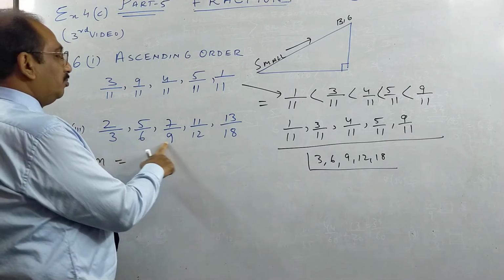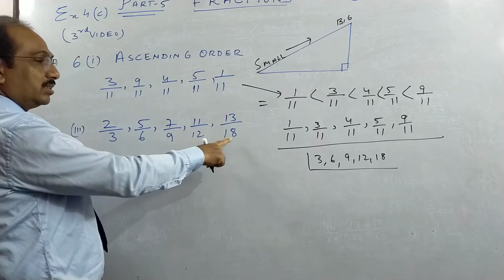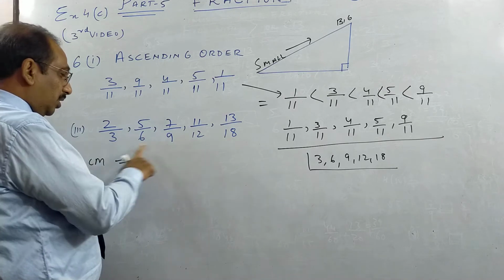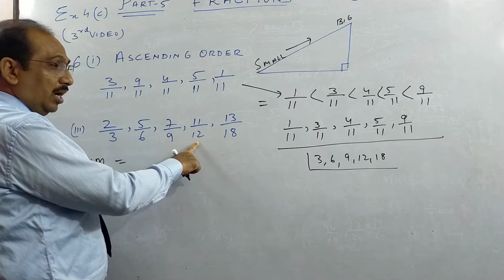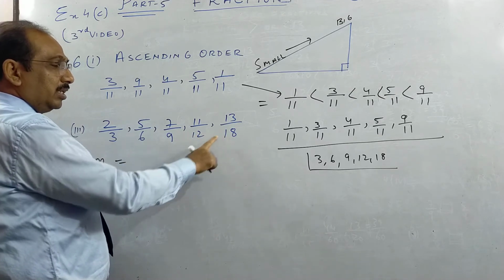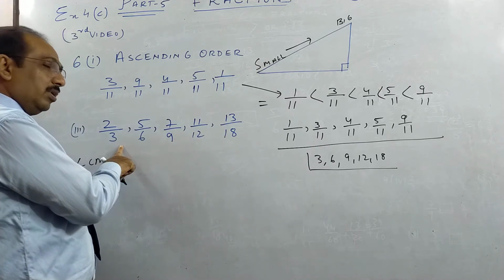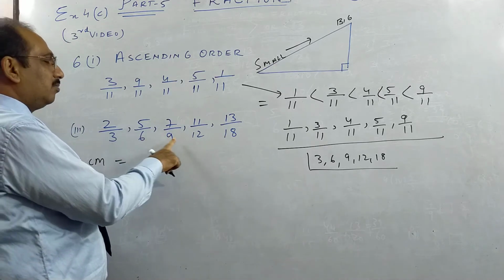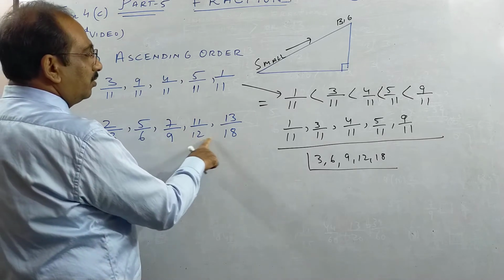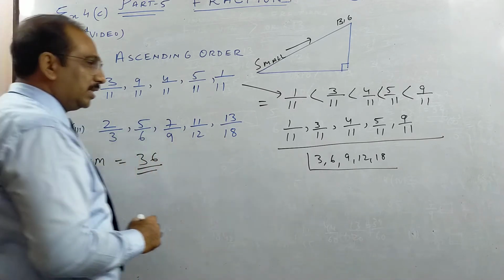The LCM could have been 18, but 12 will not go. So I said take the biggest number and see whether the smaller numbers are there. In the table of 18, is 18 there or not; but in 12's table, 18 is not there. So multiply 18 by 2, 2 eighteens are 36. 3 will go 12 times, 6 will go 6 times, 9 will go 4 times, 12 will go 3 times, and 18 will go 2 times. So 36 is what you will get.